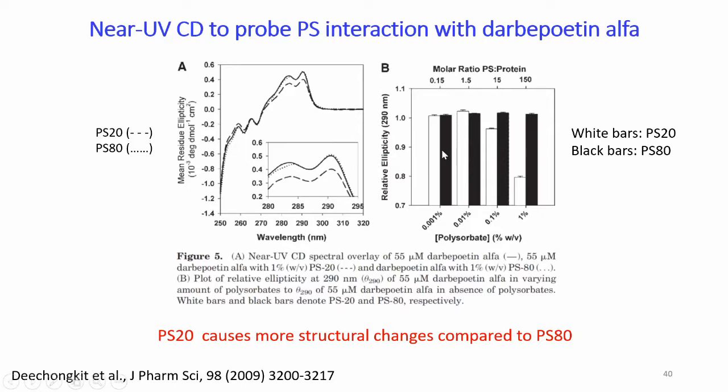The same data is converted to a bar chart here. White bars are PS20, black bars are PS80. You can immediately see that PS20 is causing more structural changes compared to polysorbate 80. So the conclusion is polysorbates can bind pharmaceutical proteins. The only thing is we need to use the right technique, which is near UV circular dichroism.